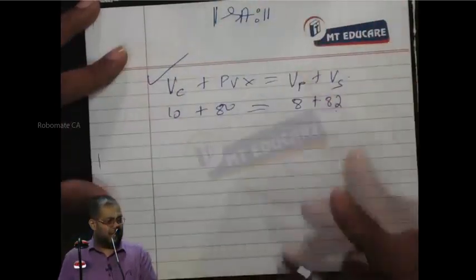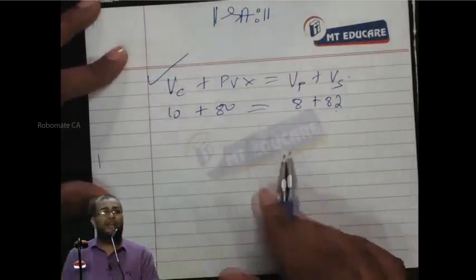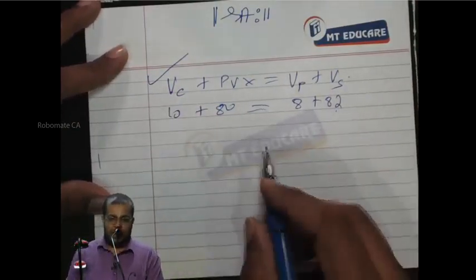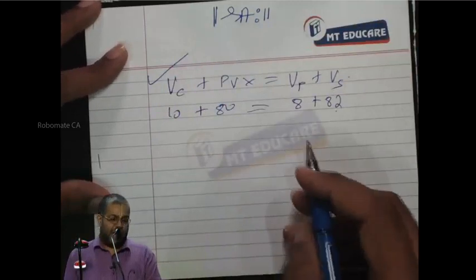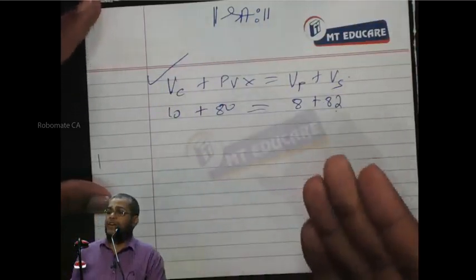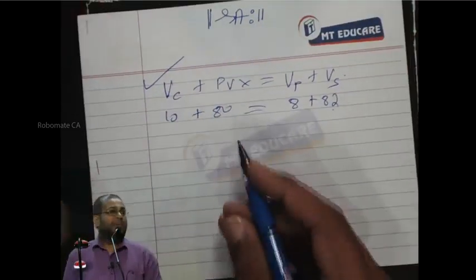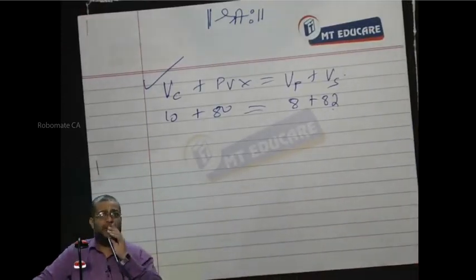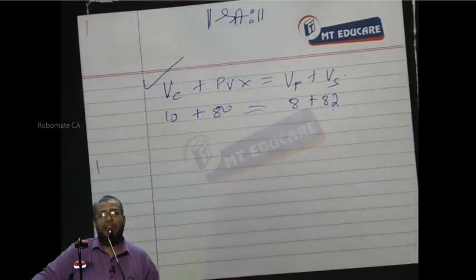Two numbers given, the third number should be found out. In the third stage, the share value, call value and put value will be given from the market, and you will be asked to test whether there is a parity or not. If not, you will be asked to find out the arbitrage strategy. These are all the issues I'll be discussing in this area called the put call parity equation.